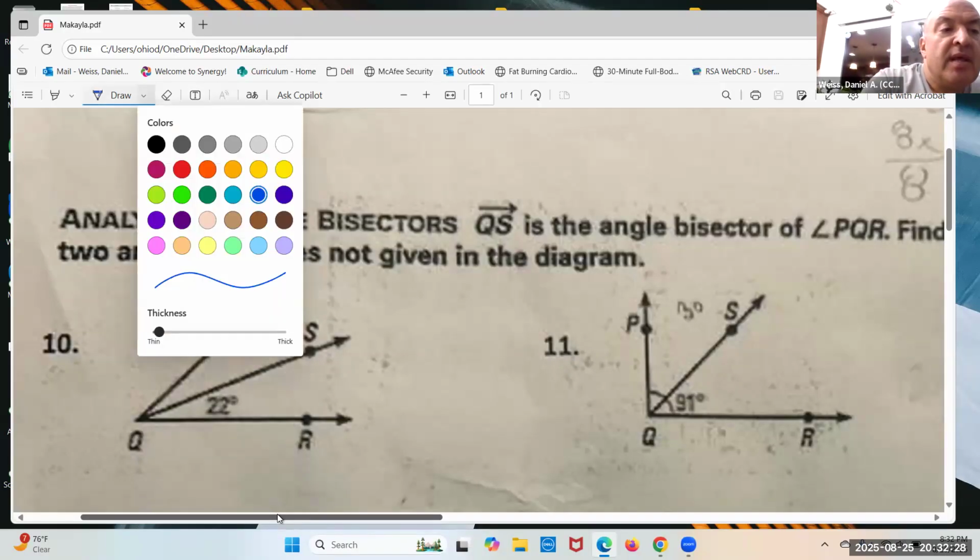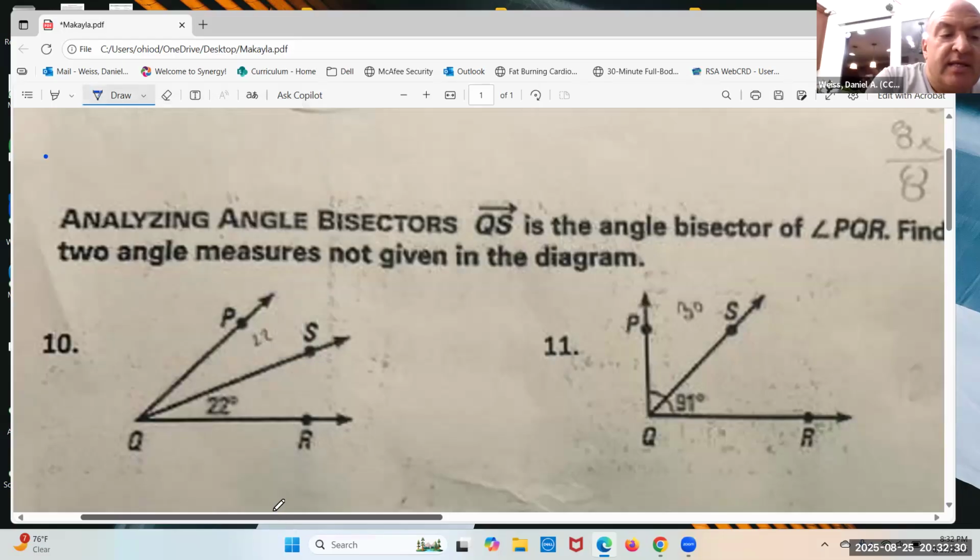That means that this here, QS, from Q to S and through, is the bisector. It cuts the angle in half. Bisector means cuts in half.